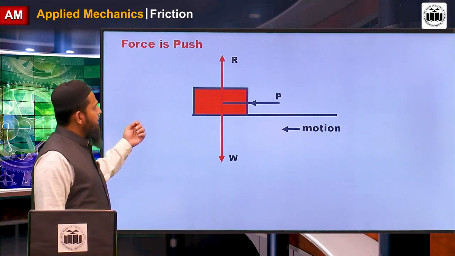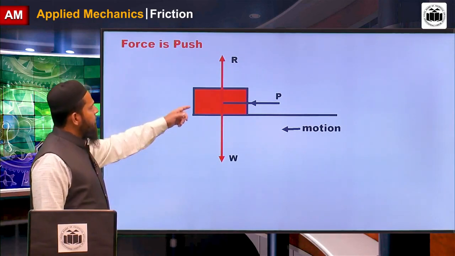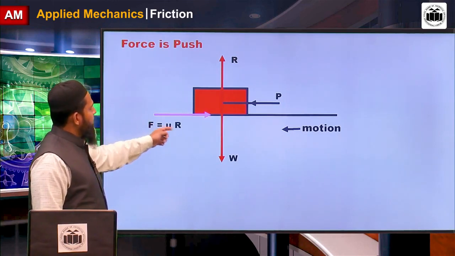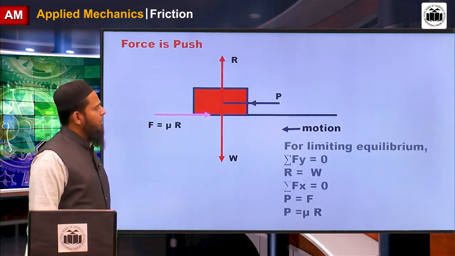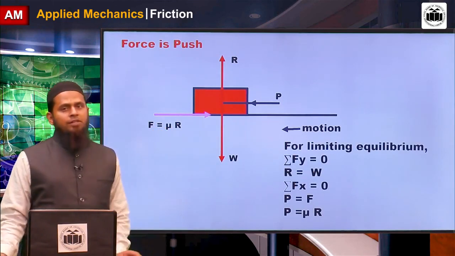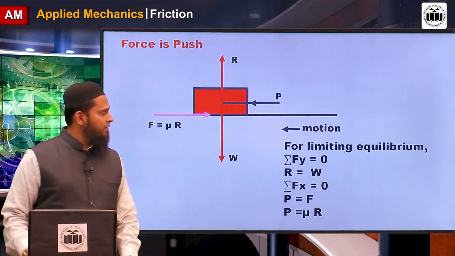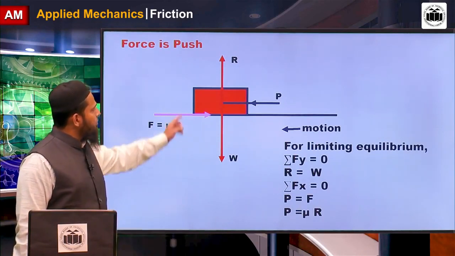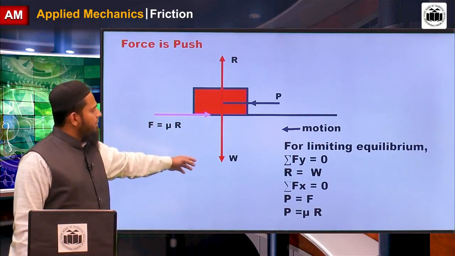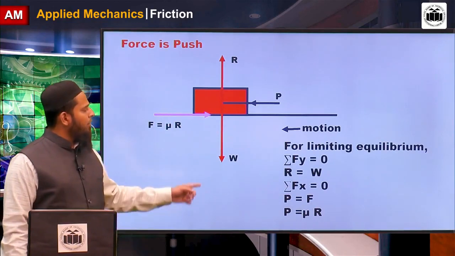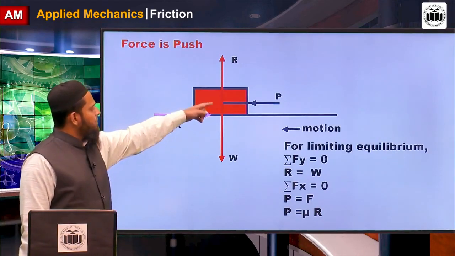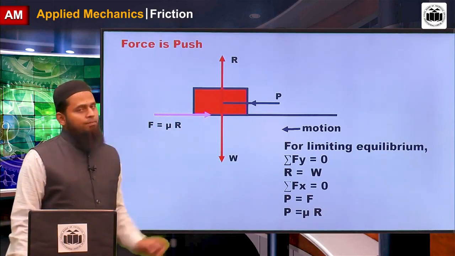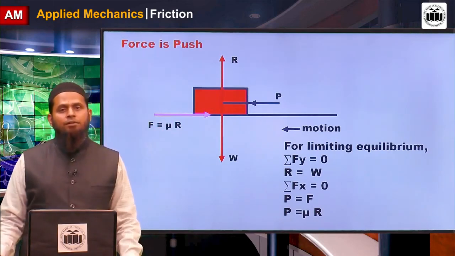Motion is in the direction of the push force, and frictional force opposes that motion, it is mu R. Now, use conditions of equilibrium. Summation Fy is equal to 0 means here also R is balanced by W, and summation of Fx is equal to 0 means P is balanced by F. Now, P is equal to mu R, F is nothing but mu R.